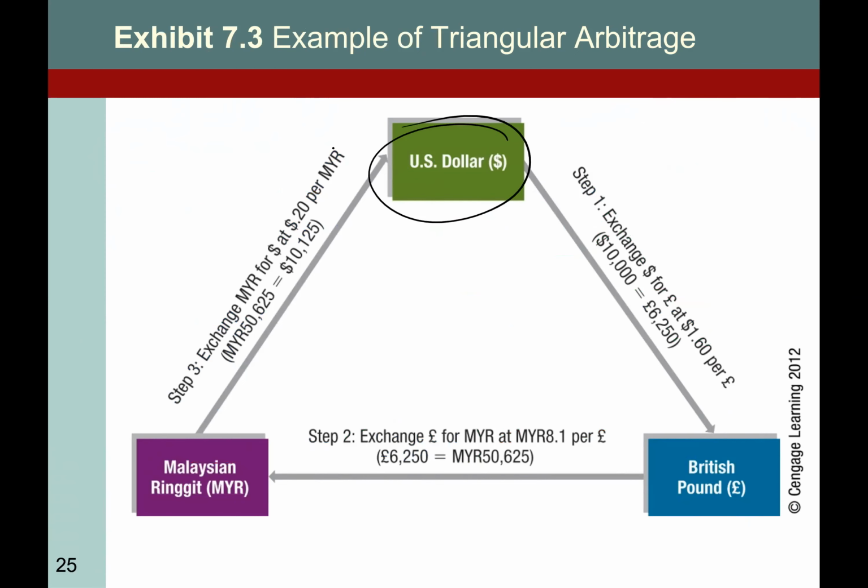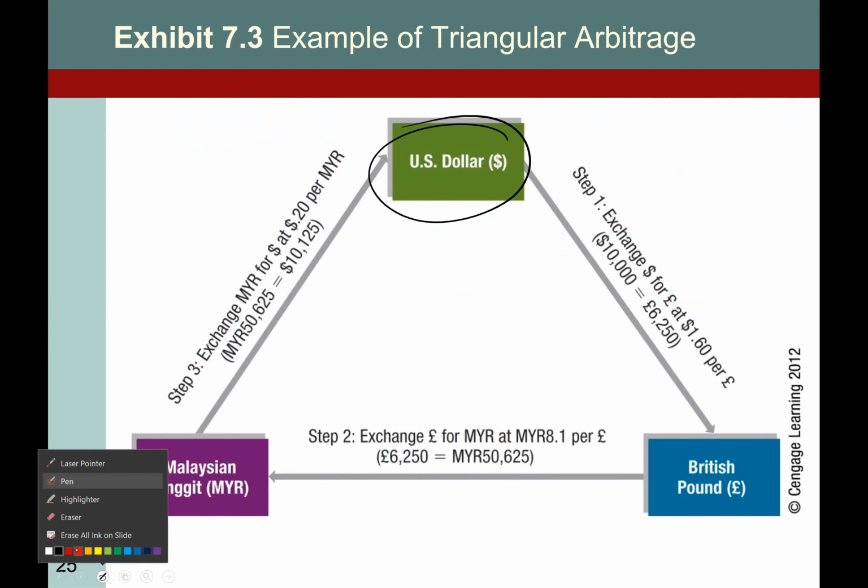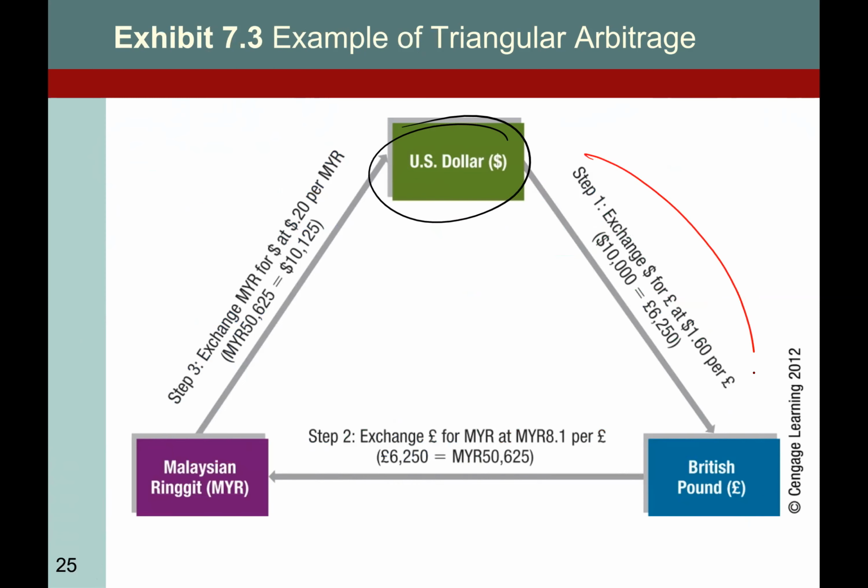Number one, you see the triangle here? You have the US dollar. Step one, you exchange the $10,000 and buy pounds. Then you convert your pounds into Malaysian ringgit.